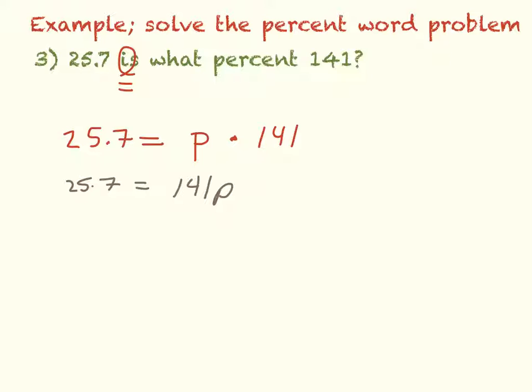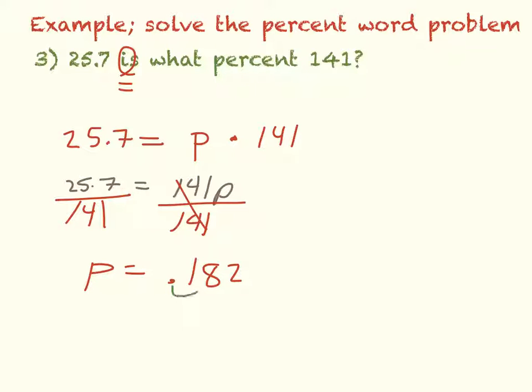So I'm going to divide by 141, leaving me with P equals about 0.182 if you round it off. So we need to move our decimal 2 spots to the right, and P is equal to 18.2%, and that would be your final answer.